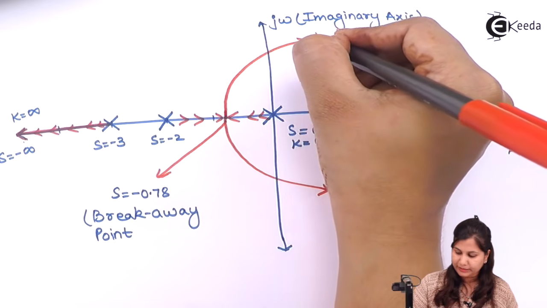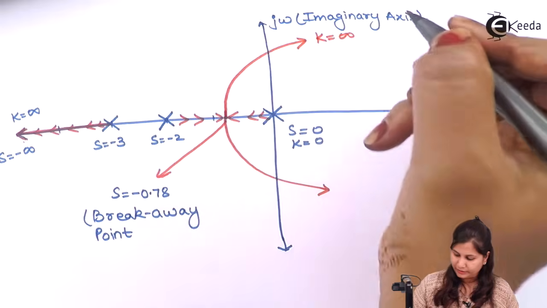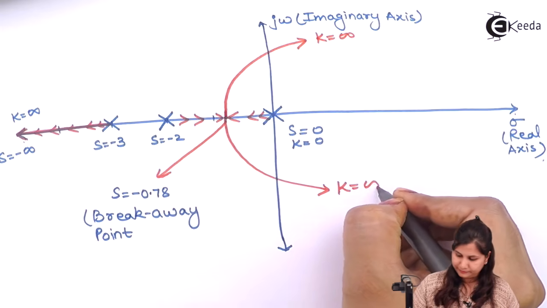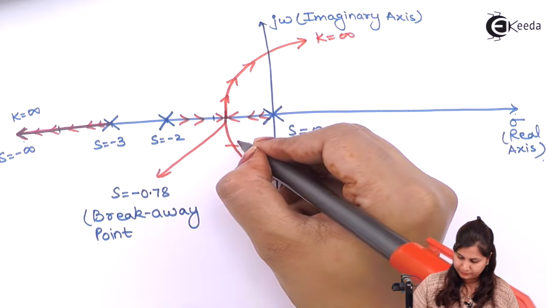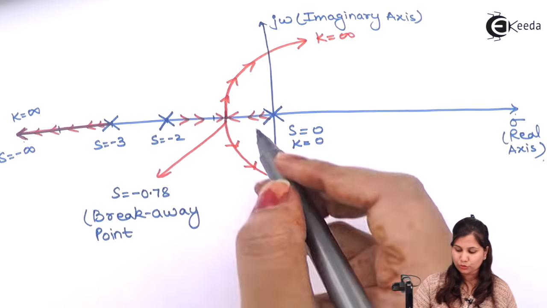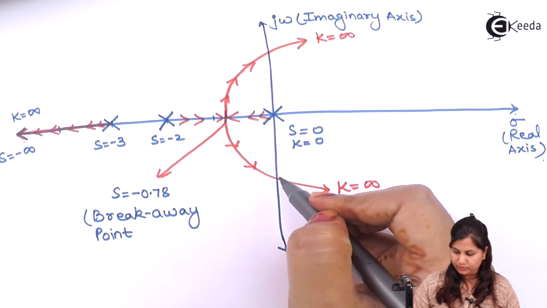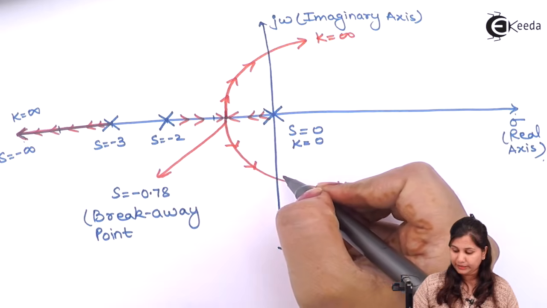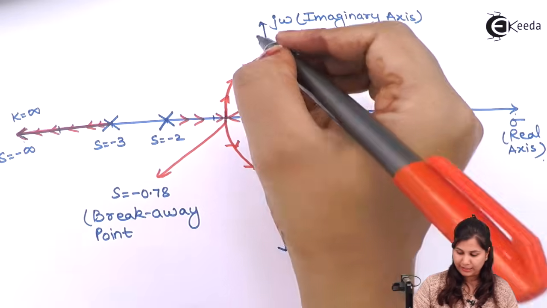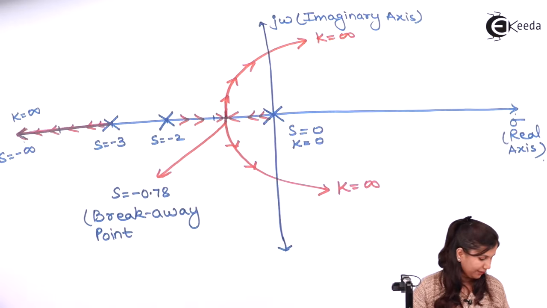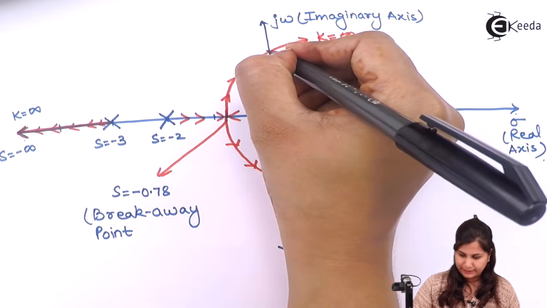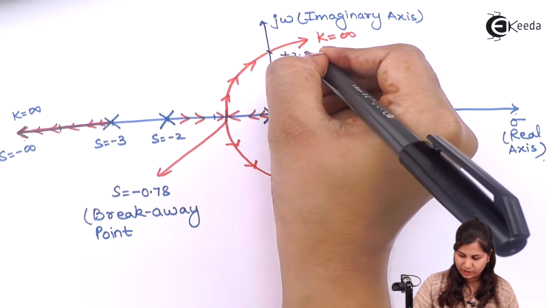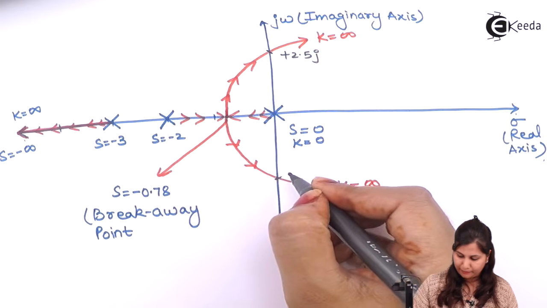And they are terminating at k equals infinity. Now these two branches will intersect the imaginary axis on the points which we have calculated as plus minus 2.5j. So this point is plus 2.5j and this is minus 2.5j.